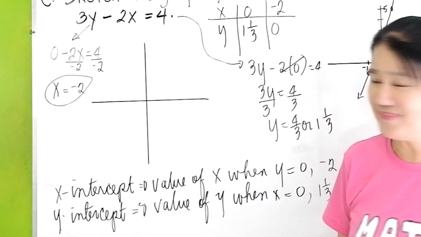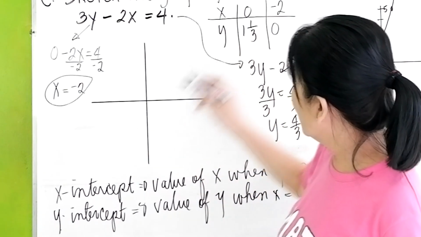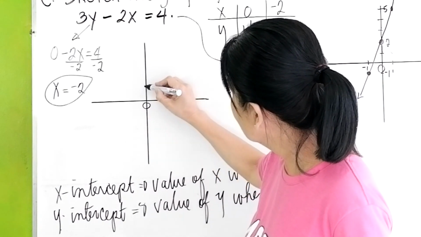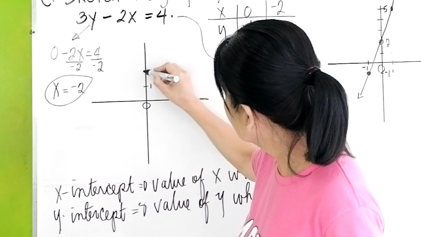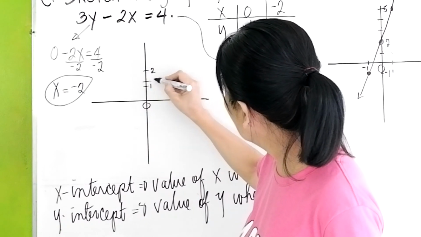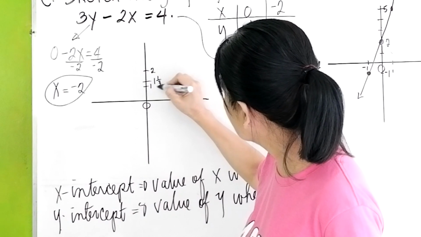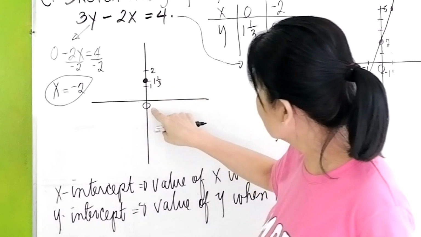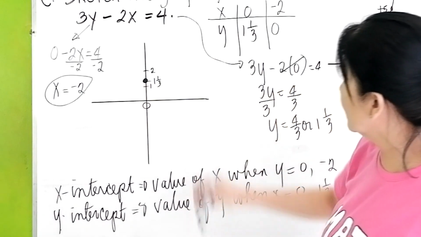There, we plot them. 0, 1 and 1/3. When x is 0, you have here 0. Let's say this is 1, this is 2. Somewhere here, 1 and 1/3. There, x is 0, y is 1 and 1/3.